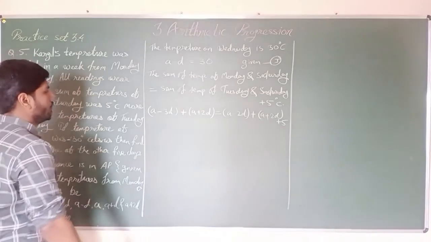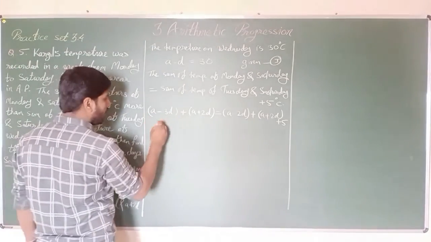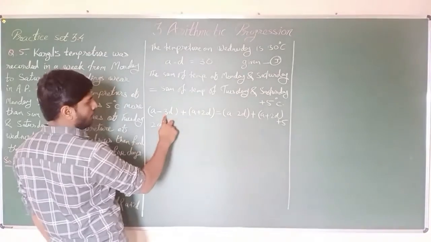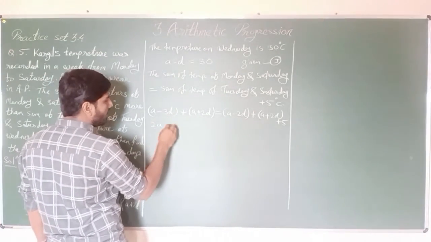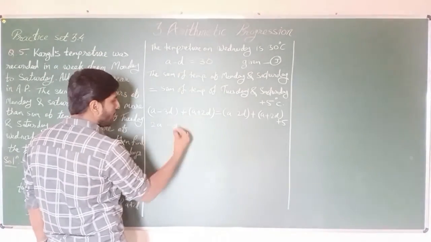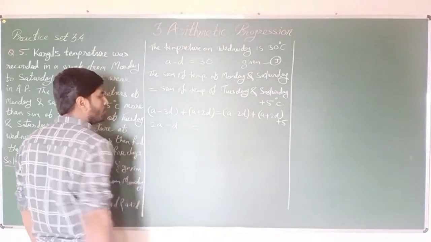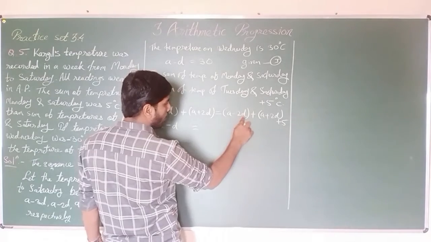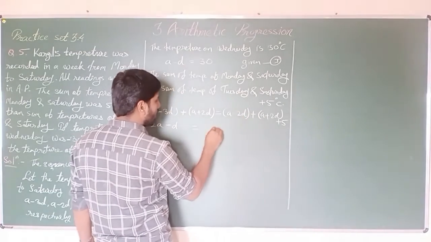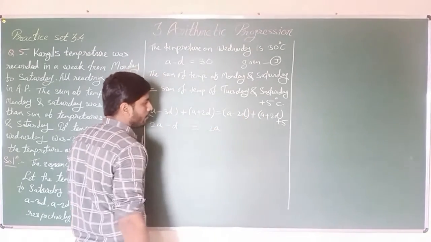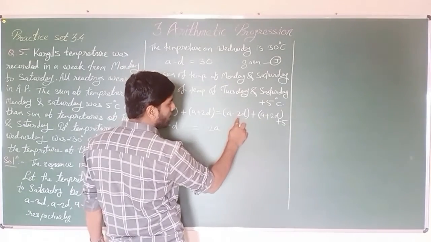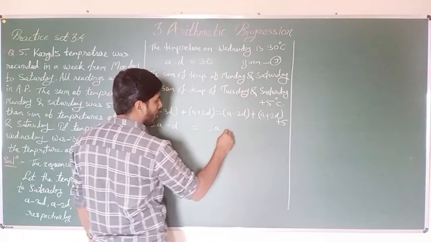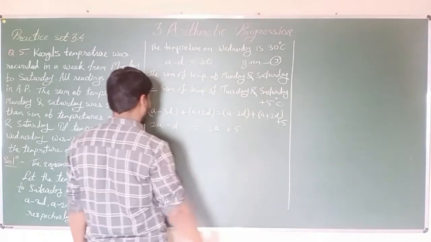Now here a plus a will become 2a, and 2d minus 3d will become negative 1d, which is equal to a plus a, again this will become 2a, plus 2d will get cancelled with negative 2d, plus 5.